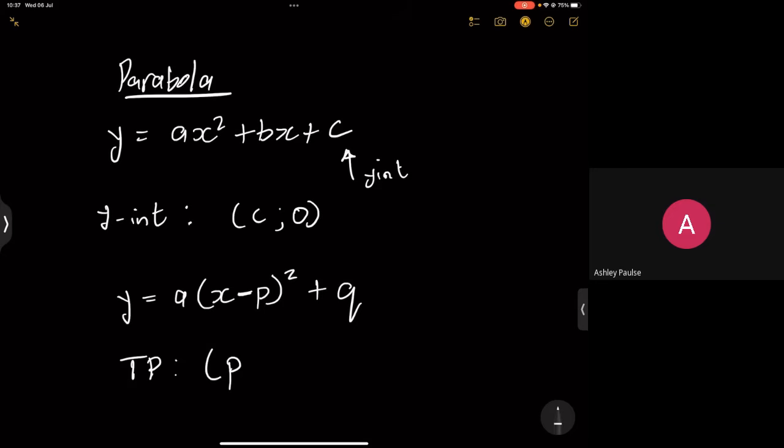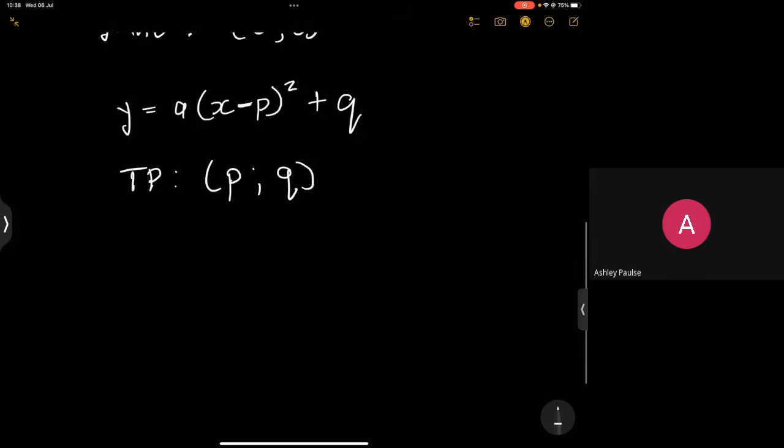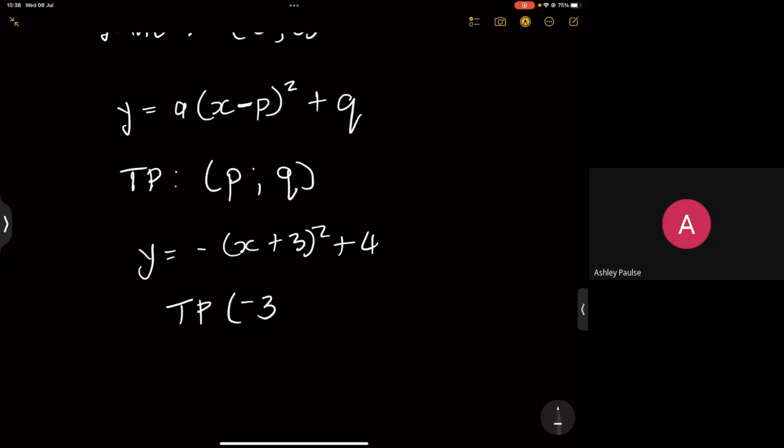So if it was minus p, then it becomes plus p, but the q value remains as is, okay? So just for argument's sake, if I've got y is equal to minus (x plus 3) squared plus 4, that would mean therefore that the turning point in this case would be negative 3. Note that it changes sign, and the y value of the turning point would be 4. Okay, please keep that in mind, right?